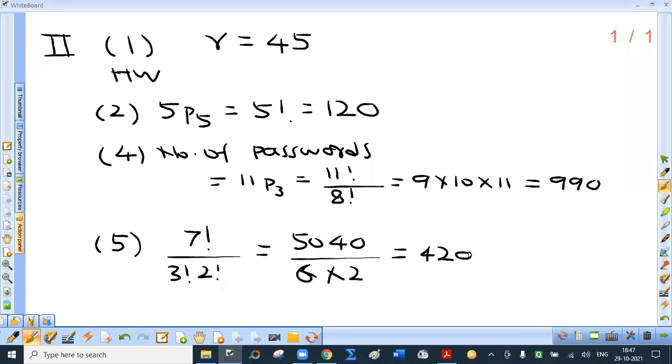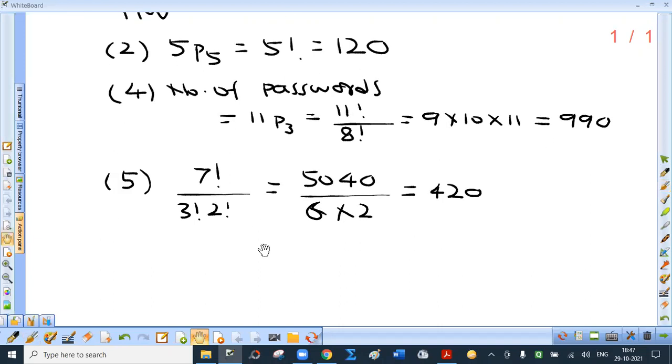Now all are not 7-digit numbers, because if 0 appears at the extreme left, it is 6-digit number. Okay, so from this we have to subtract certain number of numbers. How to decide that? We write 0, we keep that digit fixed at the millions place.